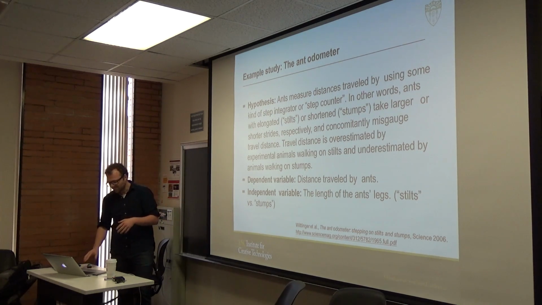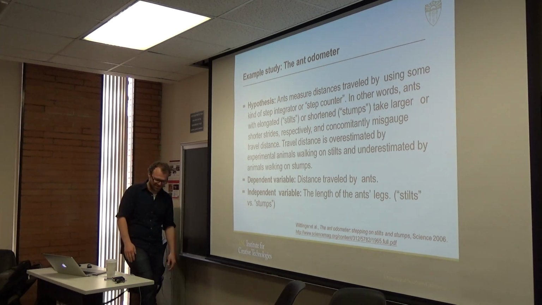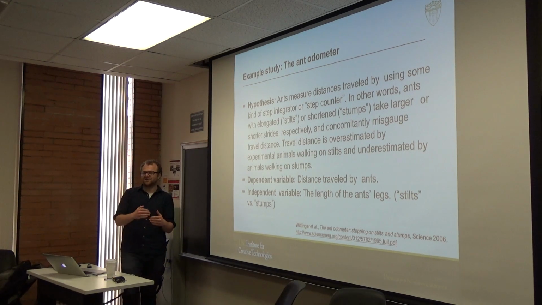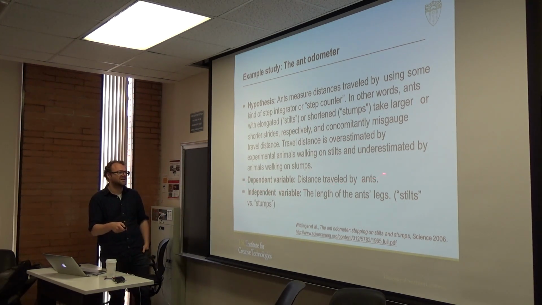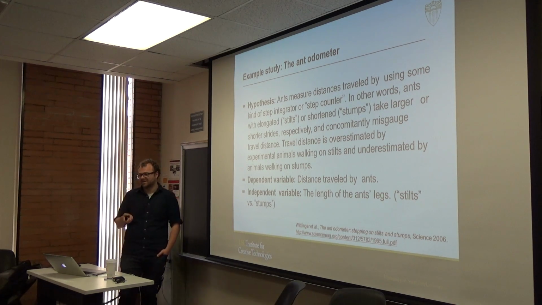If you have stilts, your stride is longer, so you should overshoot the nest, and if you have stumps, your stride is shorter, so you should undershoot the nest. They identified dependent and independent variables. The dependent variable was the distance traveled by the ants, and the independent variable was the length of the ants' legs. In one case they cut off half of the legs, and in the other case they glued some stuff onto the legs.